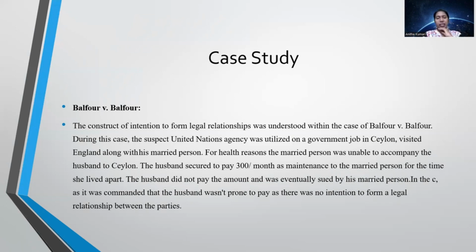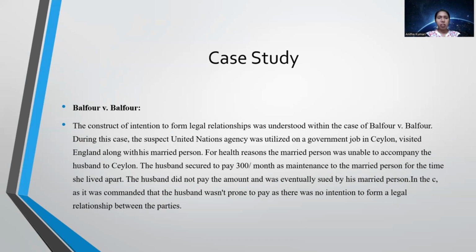So can you understand the case study? In Balfour and Balfour, the husband and wife moved to some place for an official purpose. The wife could not continue to stay there due to health reasons. So the husband said, you better go and stay in your native place, and I will give you 300 rupees every month to take care of the home.